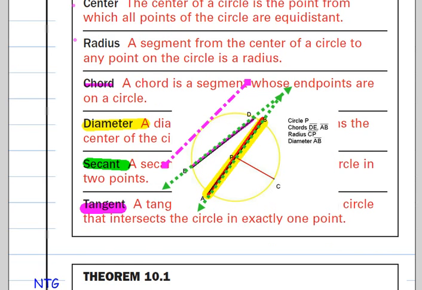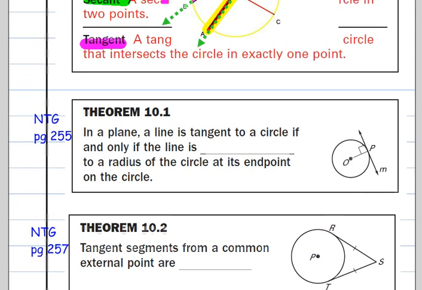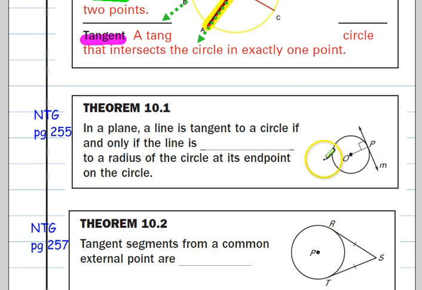Okay, there are some theorems that we want to look at. Number 1: if a line is tangent to a circle, then what type of angle does it form with a radius of the circle? If you said perpendicular, you're absolutely right. The tangent line is going to be perpendicular to a radius.